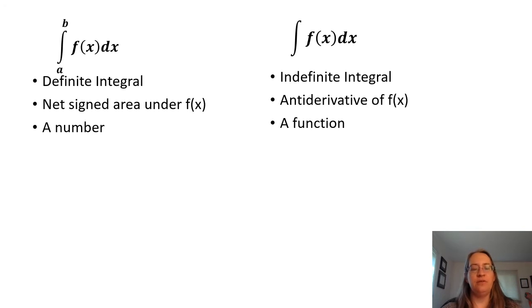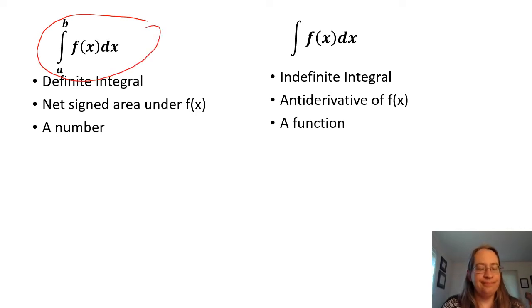Now I want to introduce you to the two different notations that you're going to see a lot of in this chapter. So here on the left, we have the notation that corresponds to what I've been talking about so far. This thing is the symbol for the net signed area under your function f of x. And these little a and b here tell you that your x values are going to go from a to b as you're thinking about the area.